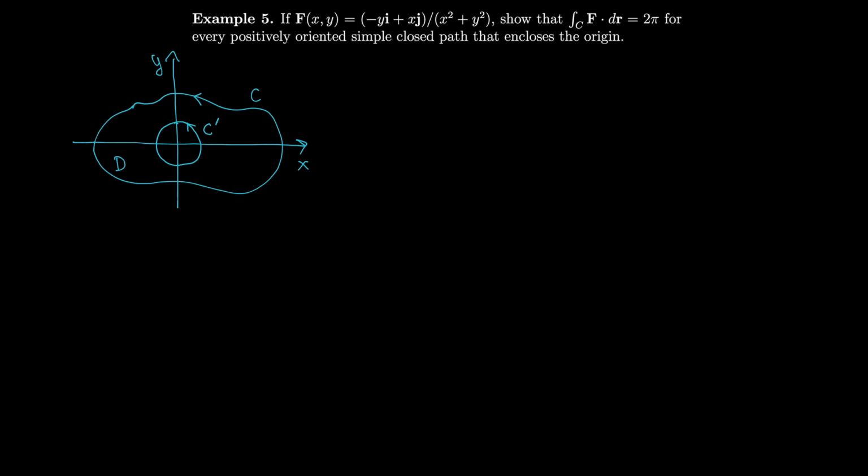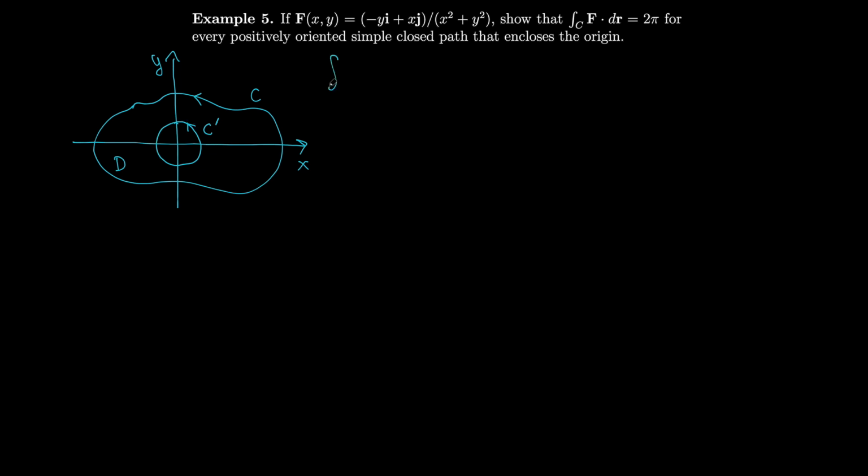So then we're going to try to show that the line integral will be the same over the arbitrary region as it would be over the circle, because if this is true for every simple closed path that encloses the origin, then it must be true for the circle as well as for this weird path. So if we can show that this weird path has the same integral as this, and then we can show this one has an integral of 2 pi, then we're good to go.